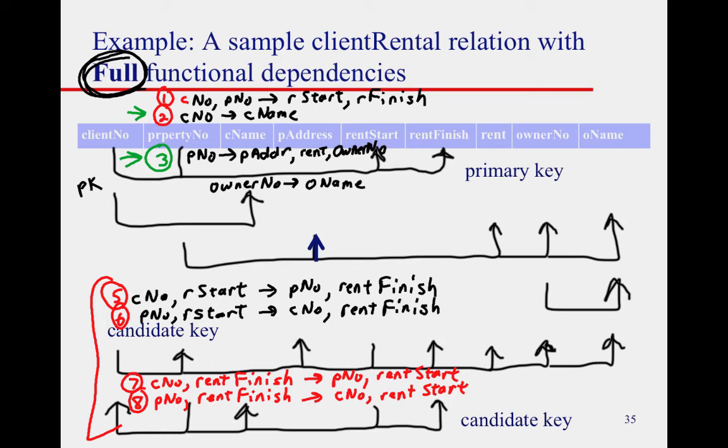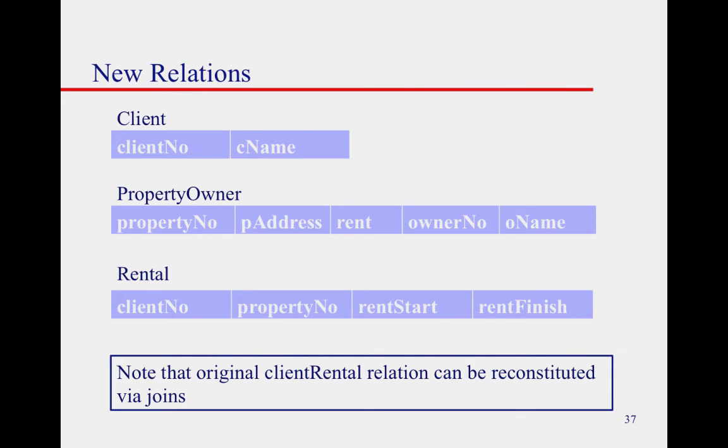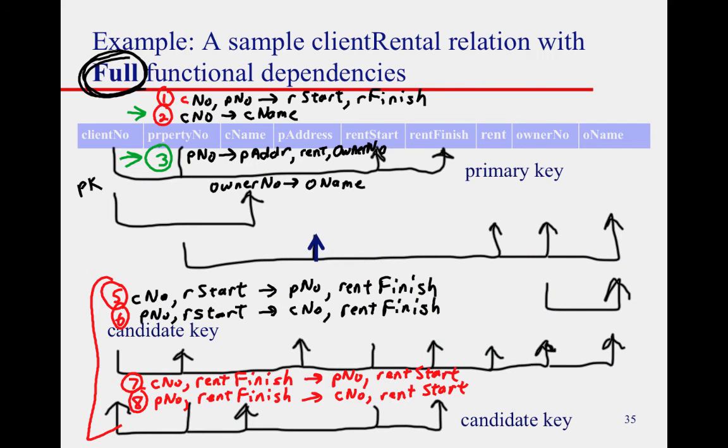And we're going to take that set of attributes and put it off in its own relation. And that determinant will be the foreign key in that relation. So what we're going to do is create one relation from that set of attributes, a second relation from this set of attributes, and what will be left is this particular relation.